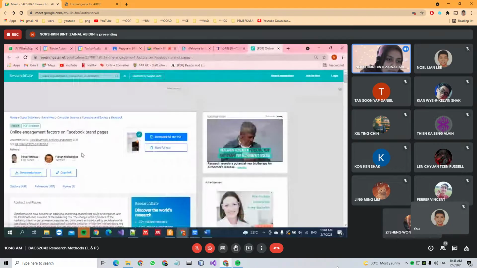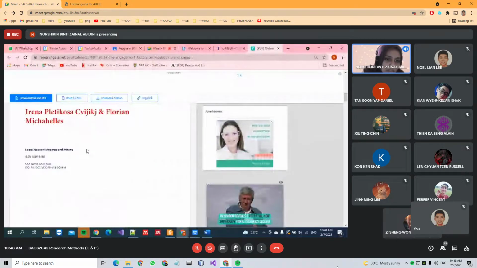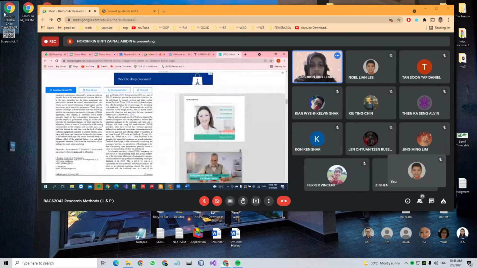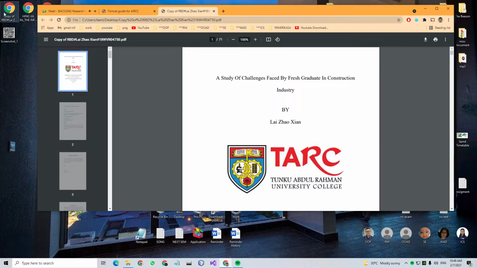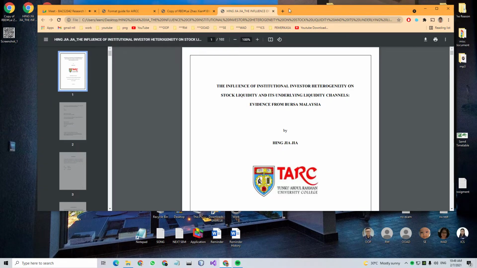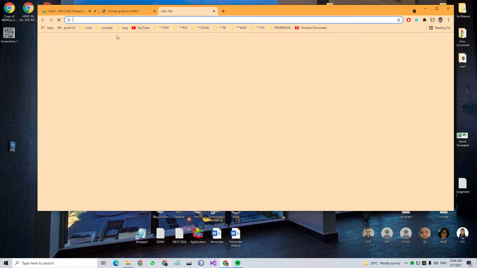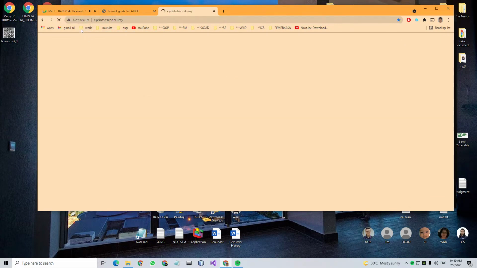Usually different articles have different formats. So for your assignment, you need to follow this format. You can refer to this letter.